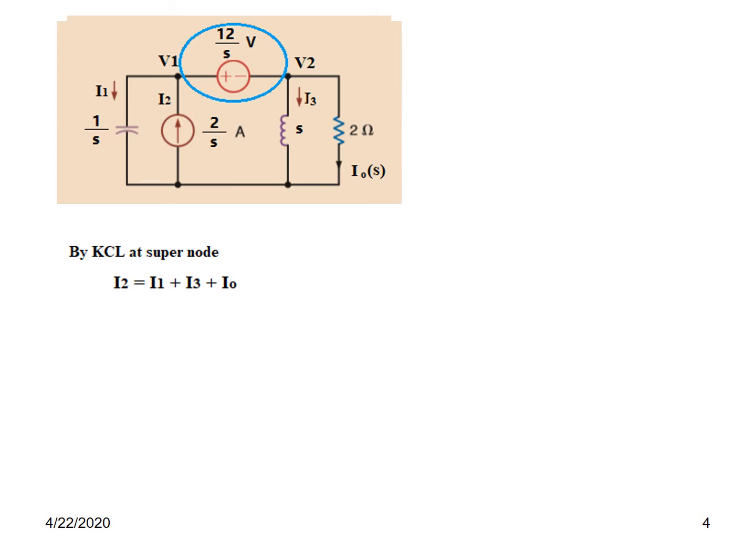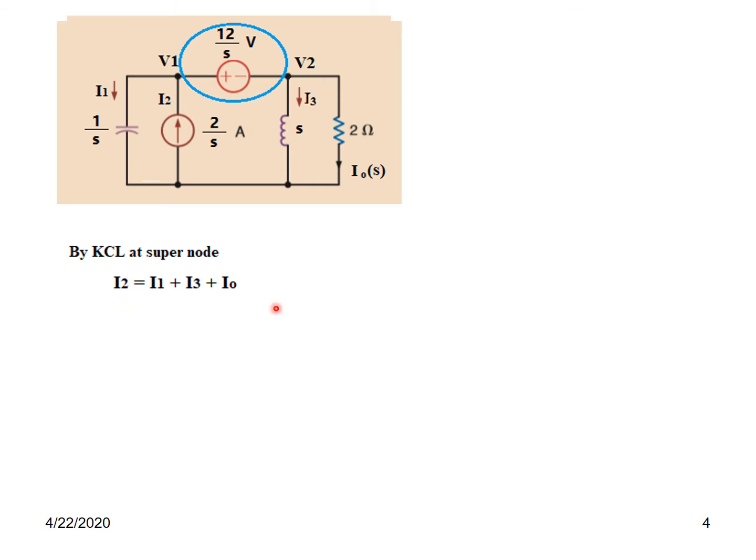And I hope you recall that this is considered as one node as far as KCL is concerned. So we'll write current entering equals current leaving by KCL. I2 is entering, and all three are leaving. So I2 is equal to I1 plus I3 plus I0.